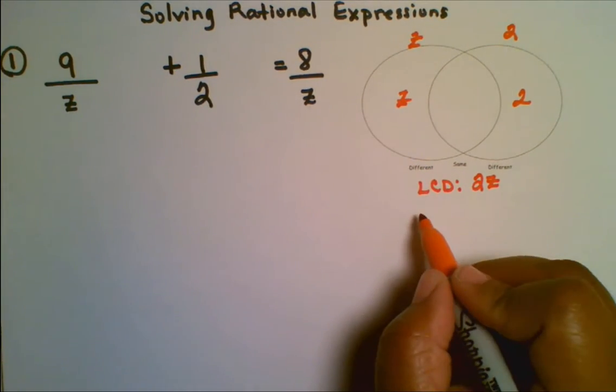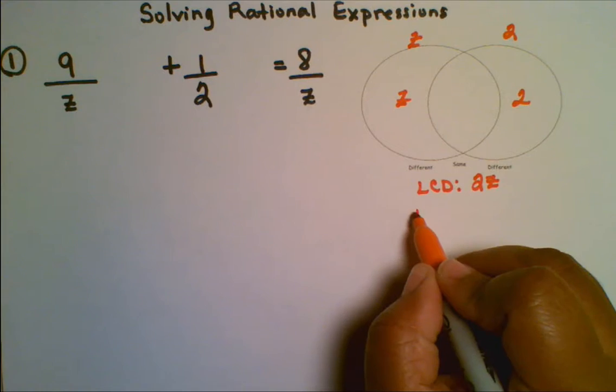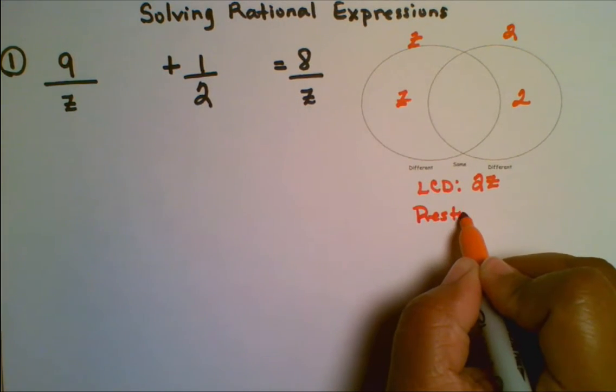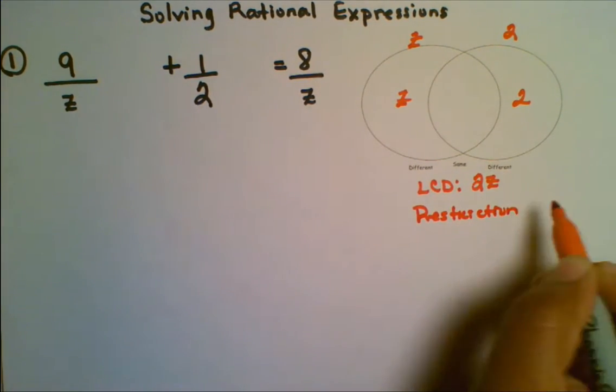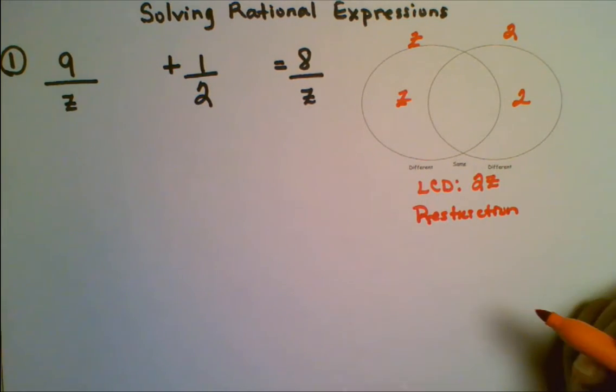We're going to talk about what happens with the restrictions and what takes place, but we want to set a restriction. What number or numbers cannot be placed in that denominator? Because if we do so, that denominator will be 0, and it'll make that fraction undefined.